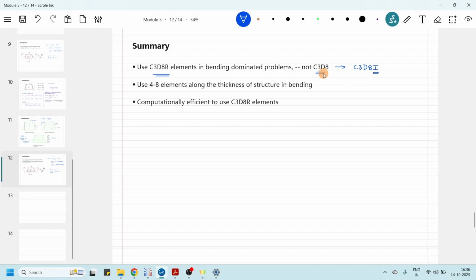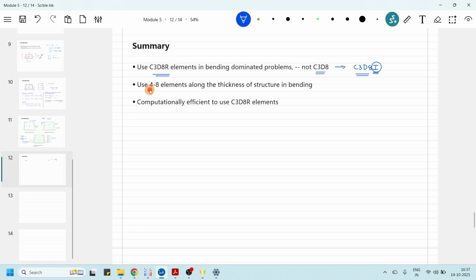These incompatible modes are added additionally to elements, so it adds additional degrees of freedom in the element. This is to prevent the parasitic shear stresses coming from shear locking. That way, if we want to use first order hex elements with full integration, then use the I element, the incompatible mode element. Otherwise, simply go for reduced integration elements.